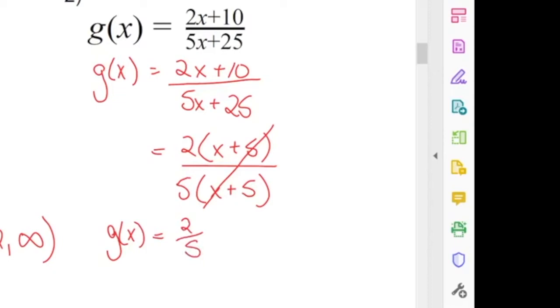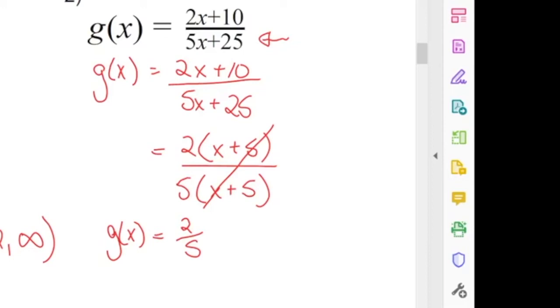Now, when you look at the final answer, it appears as though our x has disappeared. And so when you're looking for your domain restrictions, it doesn't help you to look at your final answer. You'll have to look at where you started and think about what x's could not go into the equation.